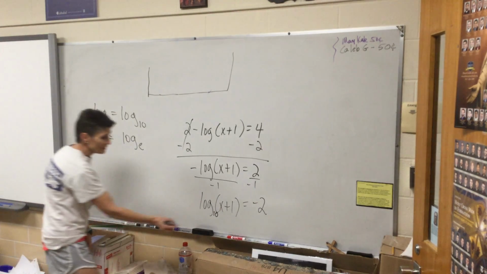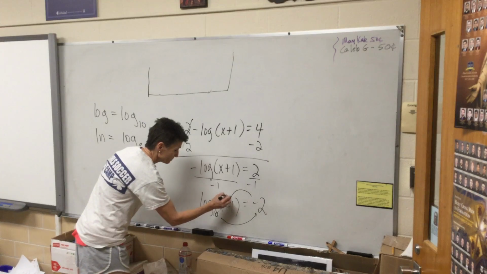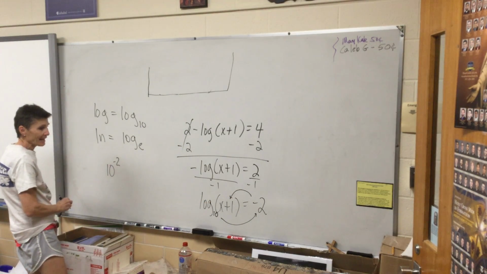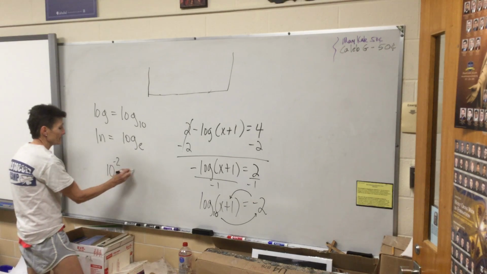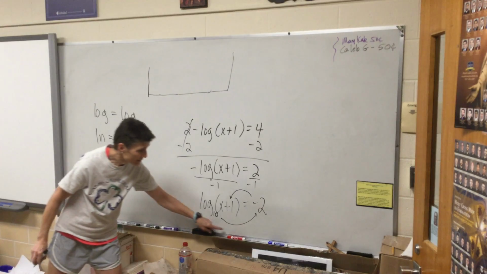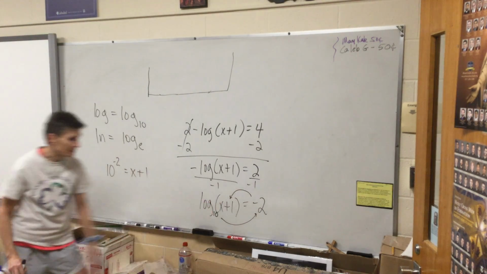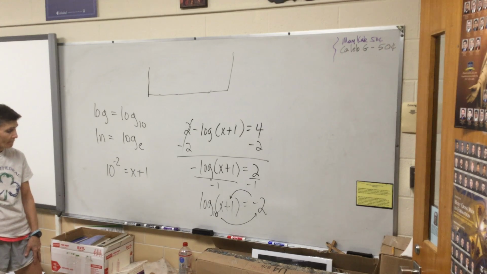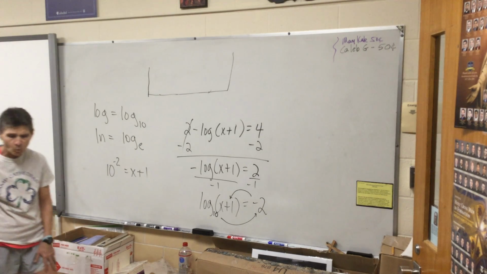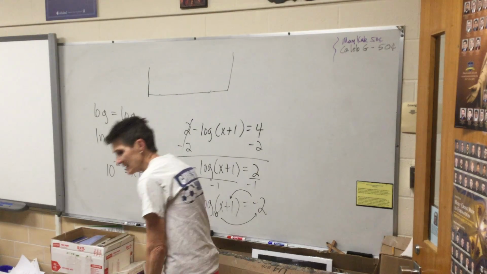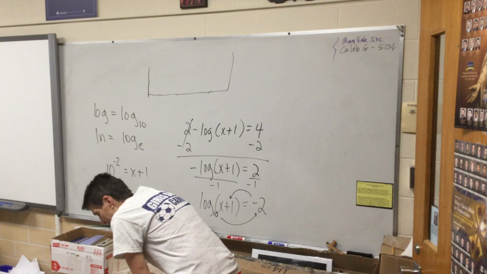So when I loop-de-loo it now, I'm going to have 10 to the negative second equals x plus 1. What's 10 to the negative second? Lindsay?